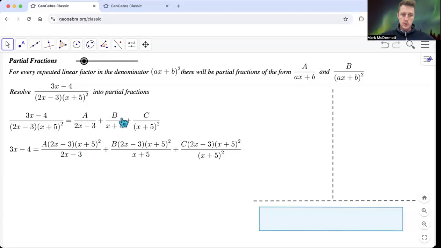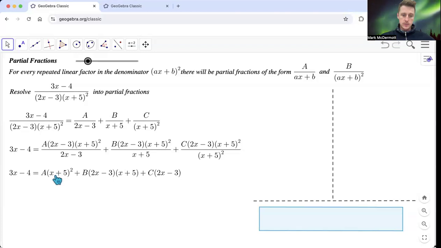Same idea with B here. Multiply (2x - 3) and (x + 5) squared there. So you'll see that one of the (x + 5)s on the top will cancel with the one in the denominator. And the same idea with C. Once you cancel a few things down, you'll get the following. All the denominators cancel out, and so you're left with 3x - 4 equals all of this stuff.